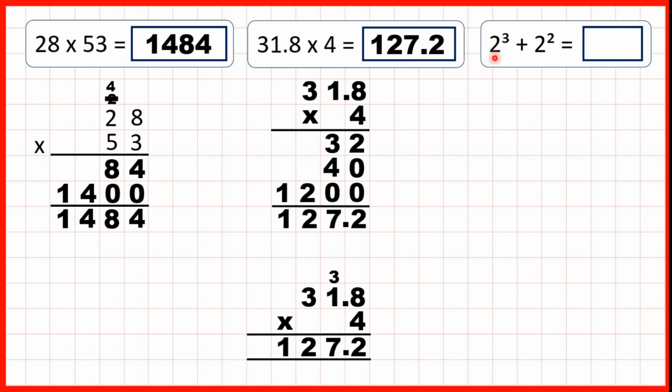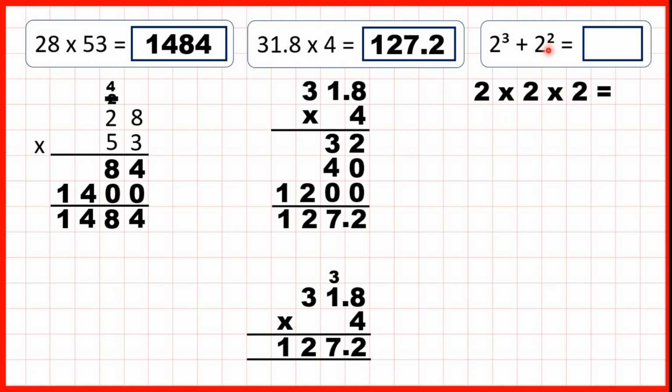Now here we have 2 and a little 3, which we say as 2 cubed, plus 2 and a little 2, which we say as 2 squared. Now 2 cubed means 2 times 2 times 2. This 3 means multiply the number by itself 3 times.